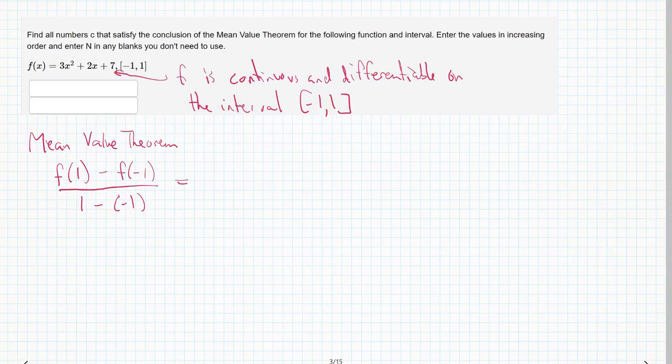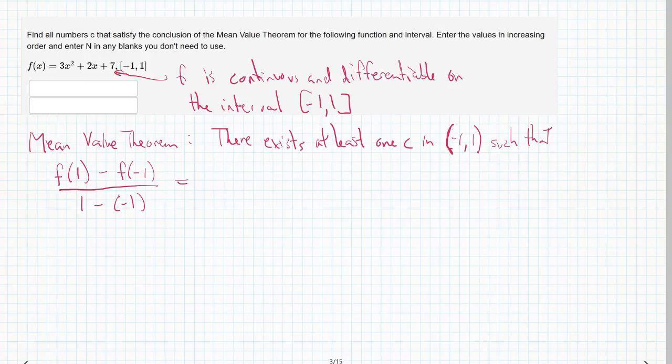Mean value theorem basically states that there exists at least one c in that interval (-1, 1), such that, well, technically I could include the endpoints too, f prime of c equals the slope of the secant line. So this is basically a secant line that we're looking at.